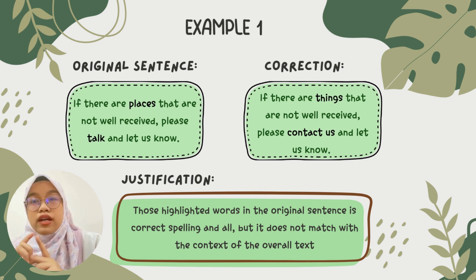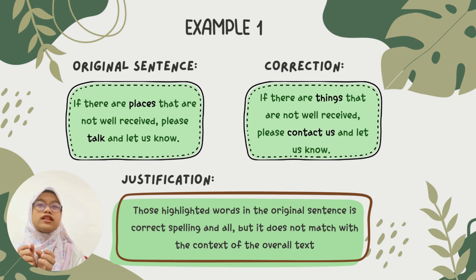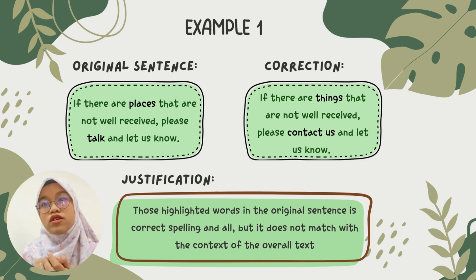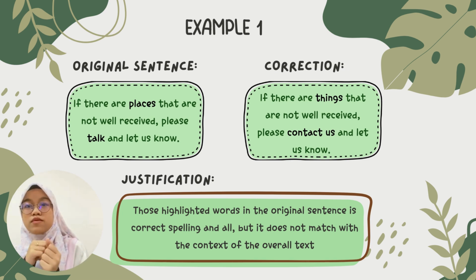But the highlighted words, "places" and "stop", are not really suitable with the context of selling in business. So the correction should be, "if there are things that are not well received, please contact us and let us know." Those highlighted words in the original sentence are correctly spelled, but they do not match the context of the overall text. So that is my justification for the first example.